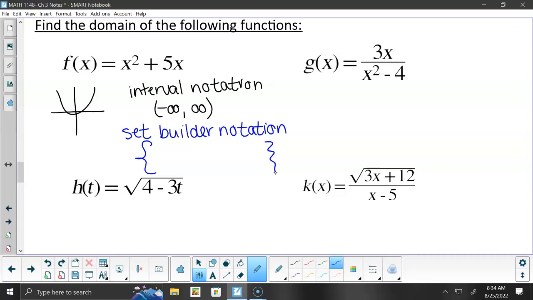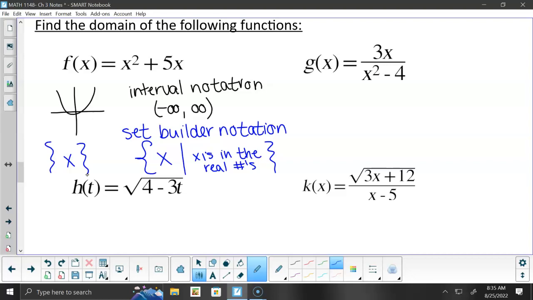In set builder notation, the way you read it is every x such that, the line means such that, x is in the real numbers. Now, if there's no restriction on the x, you could just do squiggly x squiggly. Every x, you can take that for 1.